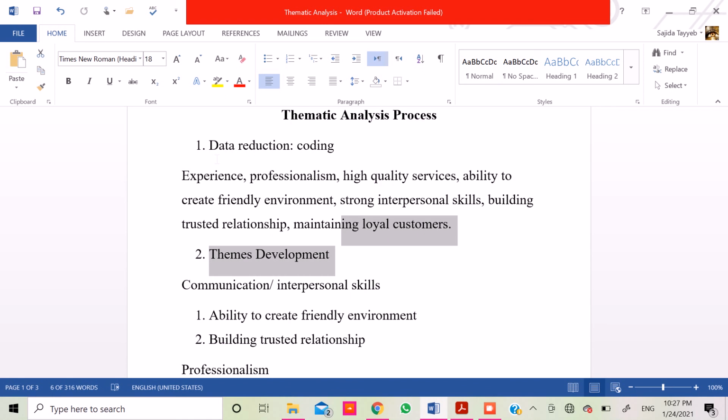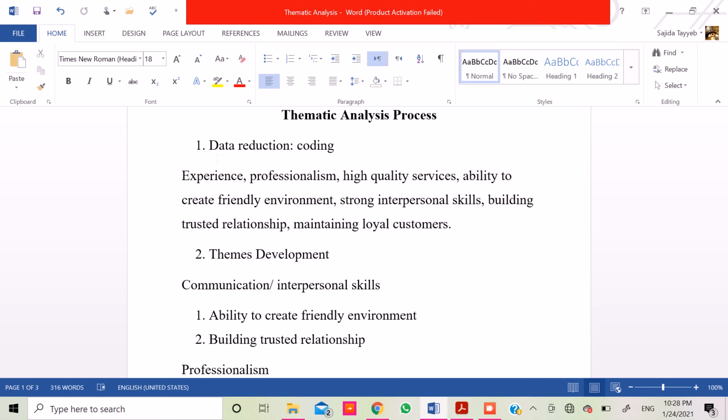Then we have themes development. This is the second step, which is done based on the coding. So whatever codes are similar to each other, you have to place them under one theme. Like you can see the ability to create friendly environment, building trusted relationship, this all has to do with communication.